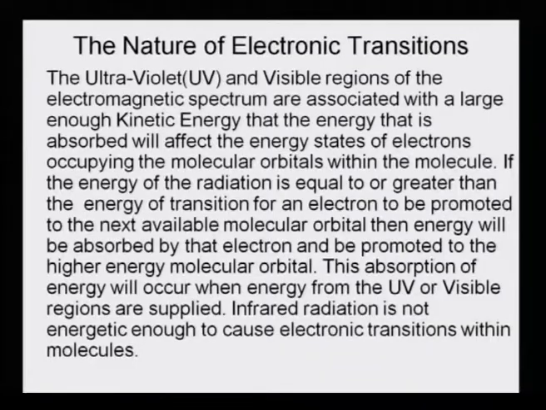So, there is enough energy for the excitation of these electrons from the bonding molecular orbitals to the antibonding molecular orbitals. If the energy of the radiation is equal to or greater than the energy of the transition for an electron to be promoted to the next available molecular orbital, then the energy will be absorbed by that electron and it will be promoted to the higher energy molecular orbital.